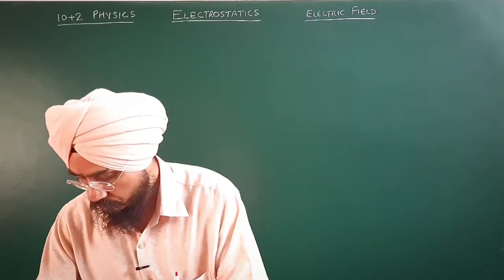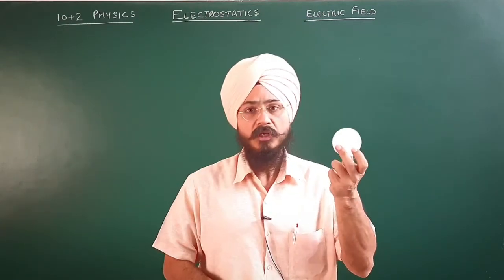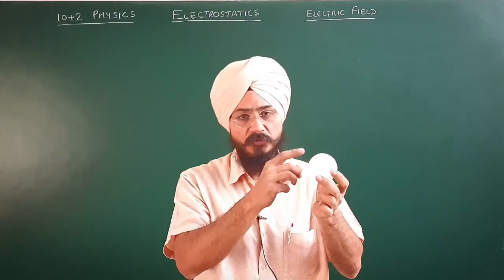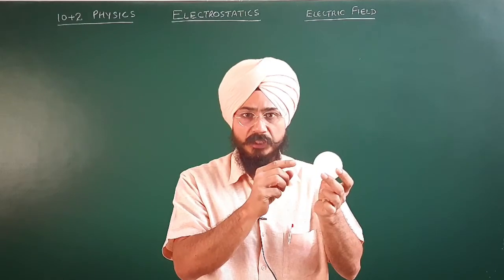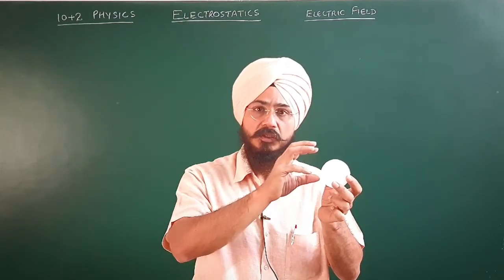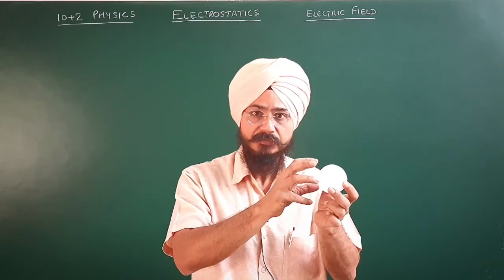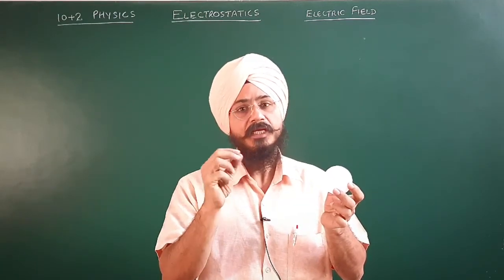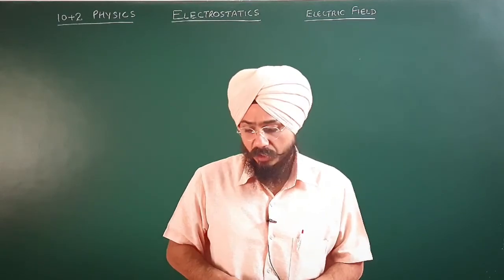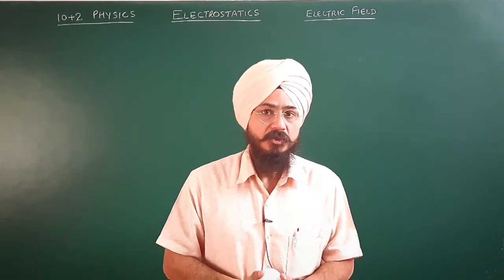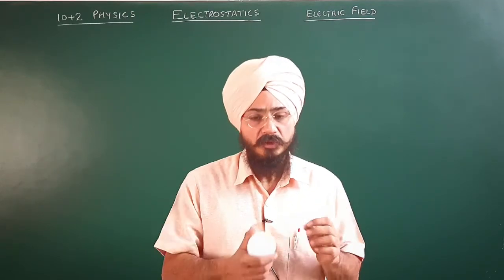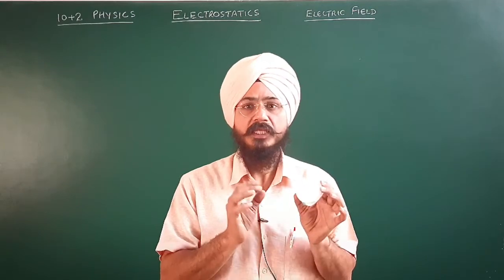Or you may say that I have a ball, and if this ball has a charge on the whole of its surface, then how will you calculate the electric field due to this ball of charge at any point in its vicinity? Because using Coulomb's law, you cannot directly find the electric field for these types of problems.